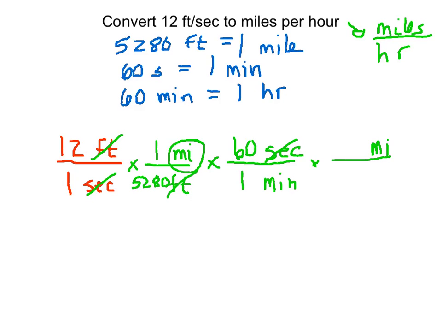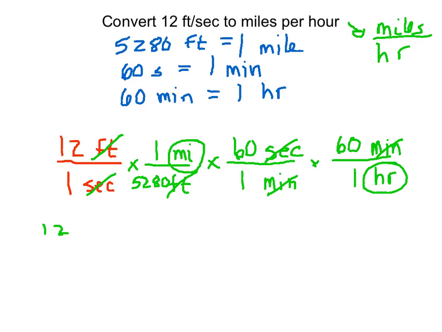That means it's going to have to be in the numerator. And I want to convert from minutes to hours. And I know there are 60 minutes in 1 hour. Minutes cancel. And I have miles and I have hour. So right now, if I were to stop and multiply my numerators, I would have miles up top. And multiply all my denominators, I would have hour. Exactly what I want.